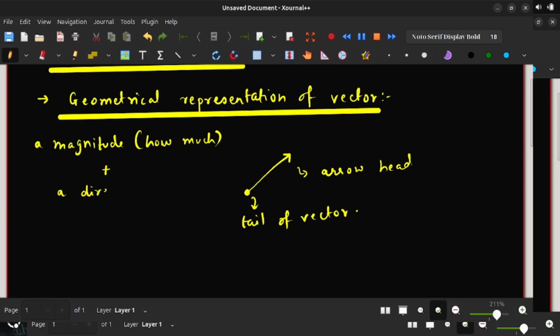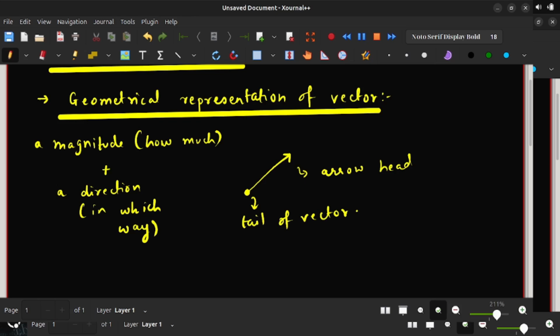And that direction tells me in which way. So this representation, is it telling me both of the things?